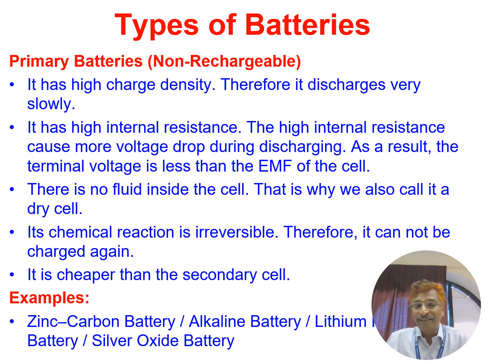There is no fluid inside the cell, so it is usually termed a dry cell. Its chemical reaction is irreversible, therefore it cannot be charged again. It is much cheaper than the secondary cell. Some of the primary batteries are zinc carbon battery, alkaline battery, silver oxide battery, etc.